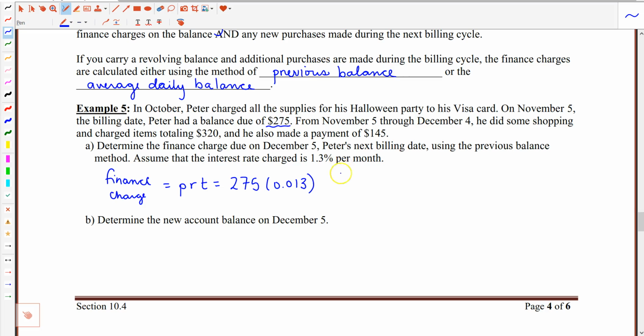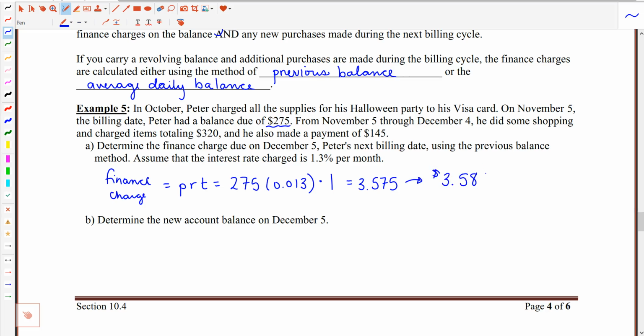And then the time elapsed, because my interest rate is being expressed in terms of months, I can also express my time in terms of months. 1 month has elapsed. So then doing this multiplication here, we get 3.575, which then we'll round to the nearest penny. So he'll be charged $3.58 in finance charges.